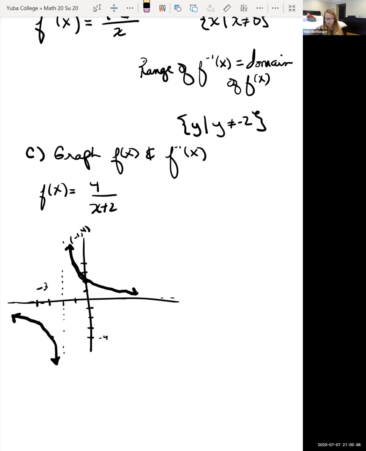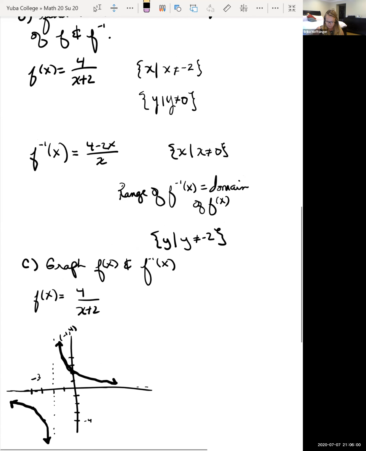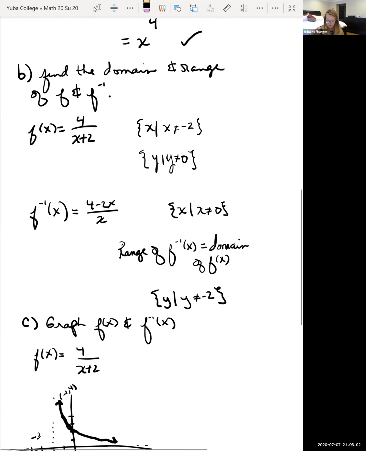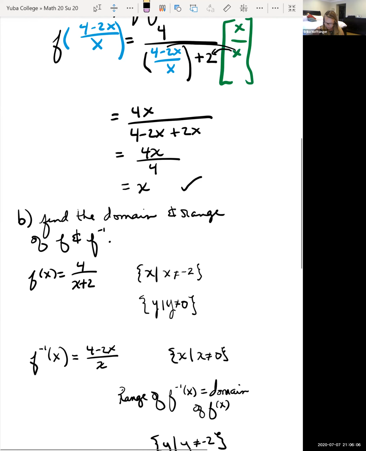So we can graph the other function by using things that we know about the function. F inverse of x, f inverse of x. Where was it? It's way up here somewhere. I thought I wrote them down. Here it is.